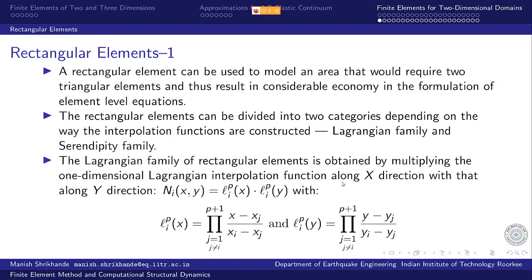So we have one-dimensional Lagrange's interpolation along x, and one-dimensional Lagrange's interpolation along y, and we multiply the two, and we get the corresponding interpolation model in terms of x and y. So pretty simple and straightforward, at least to write out.